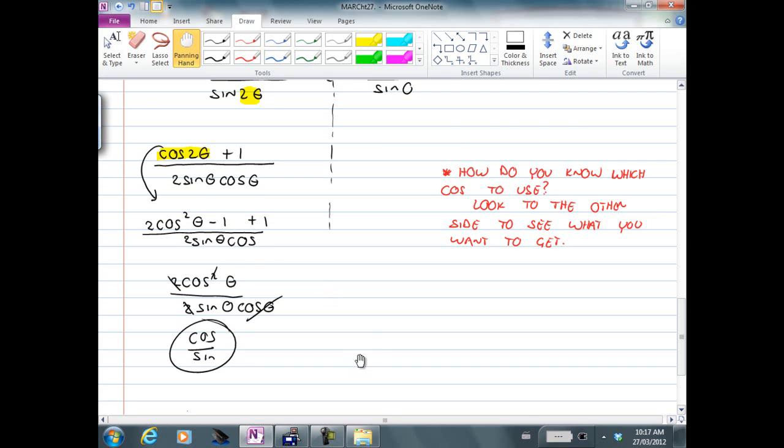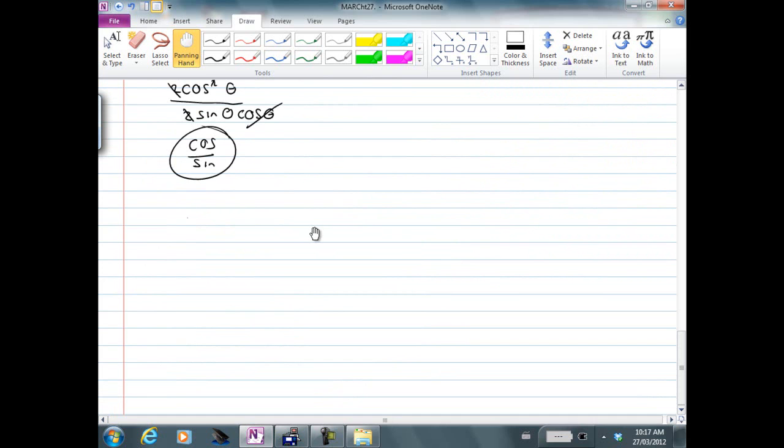Double angle is just another set of formulas. You got to be able to figure things out. I'm going to give you some more questions for you to practice on. Let's see if you can figure this one out without my help. Prove this identity.